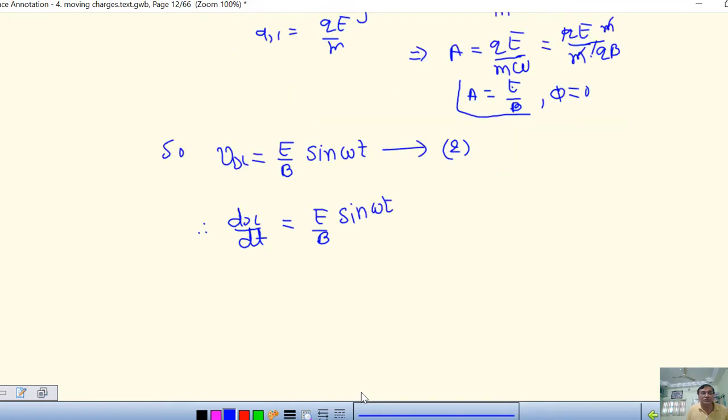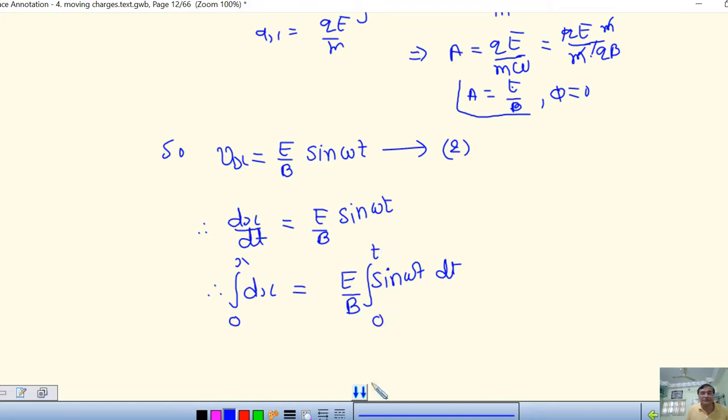If I want x, what do I have to do? I take dx on one side and dt on the other side: sin omega t dt. Now I do integration, 0 to x and 0 to t.